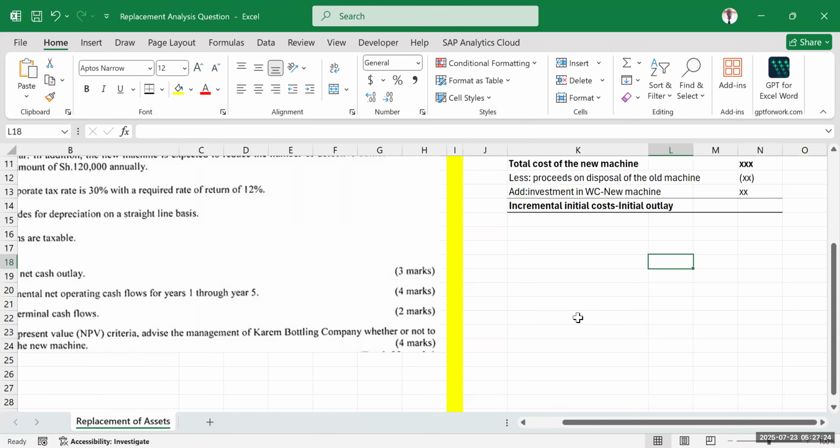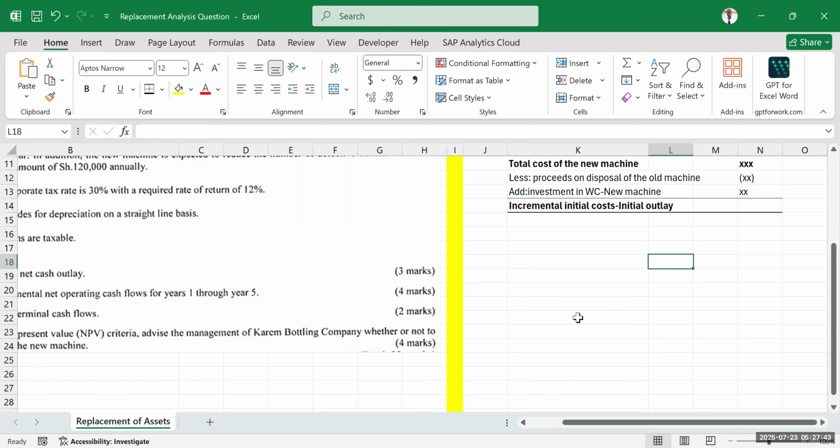And the next part is when you talk about, remember, you are selling off that old machine. And when you sell off the old machine, you are realizing some money or you are getting some proceeds out of it. But again, you're buying the new machine.